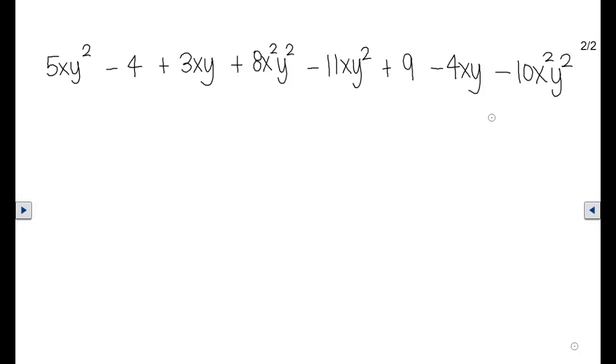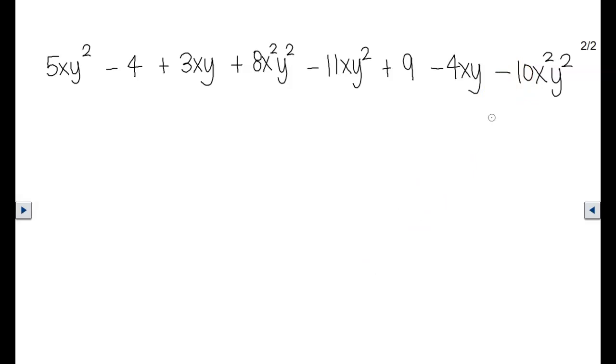Now, let's look at how many terms we have. We have 5xy squared, so that's 1, 2, 3, 4, 5, 6, 7, 8. So this is a problem that has 8 terms.